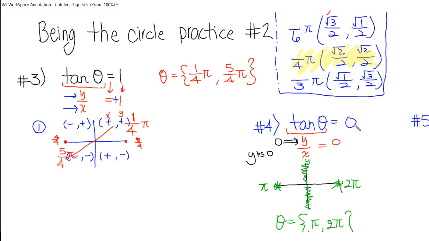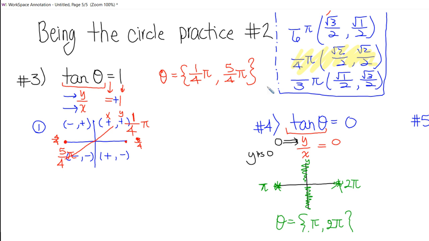This time my x is 0, so if I don't have an x-axis, that leaves you with the y-axis. So the top and bottom corners, which are 1 over 2 pi and 3 over 2 pi. So my thetas are going to be 1 over 2 pi and 3 over 2 pi. And I knew that my answers would be in pi because my problem did not give us pi in it. So I hope this helped.